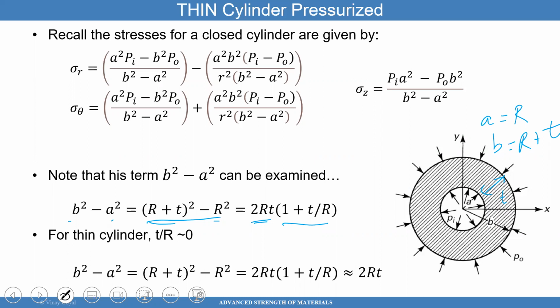And you wonder how that thing flies, right? We'll talk about that. R is very big, in the order of feet. Do you agree that T over R is basically 0 in that case? So that pretty much goes away. And you can say that B squared minus A squared is pretty much 2 times RT, because 1 plus 0 is 1. So 2RT times 1 is 2RT. So right there, you can simplify now some of these equations, and I'll walk you through each of the simplifications.